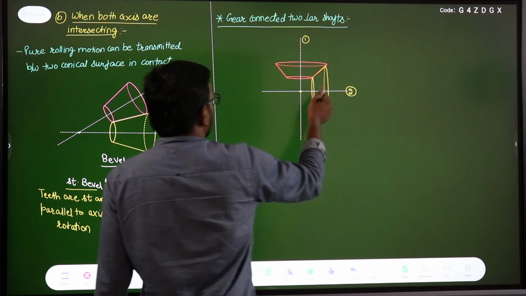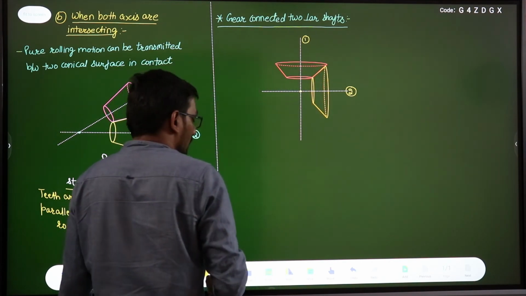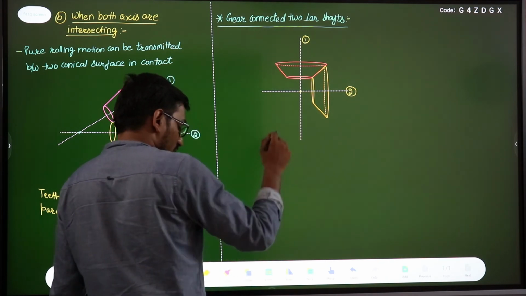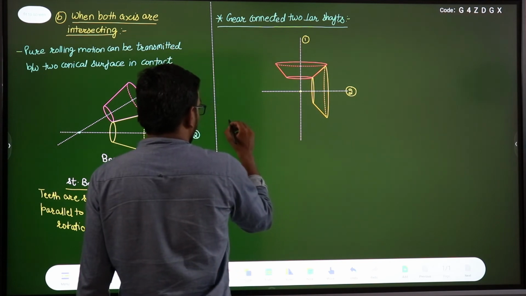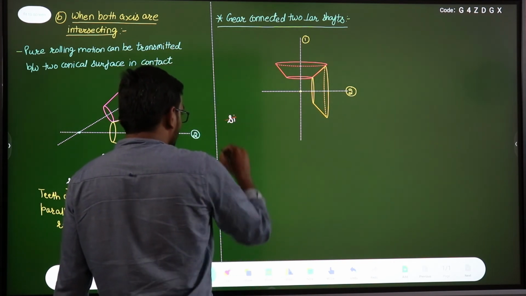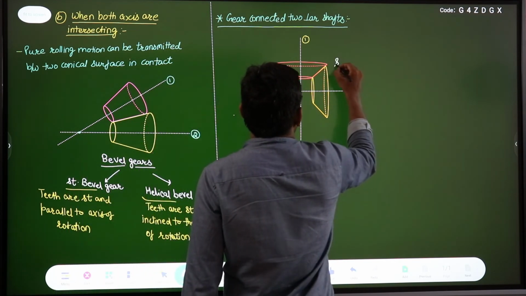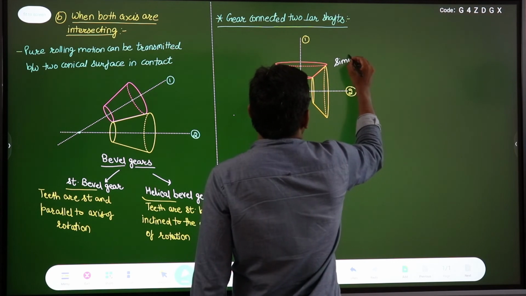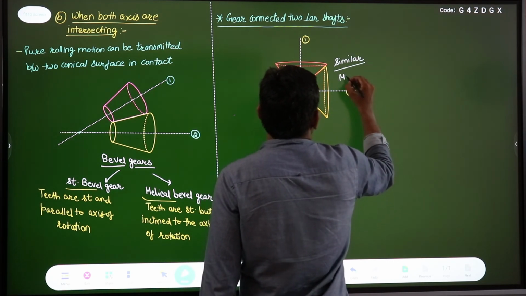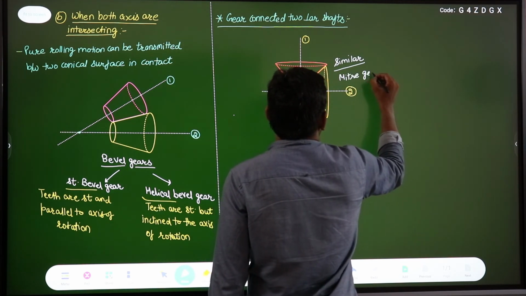Now these are connected with the help of two bevel gears like this, and if these two bevel gears are similar, right, then these are known as mitre gears.